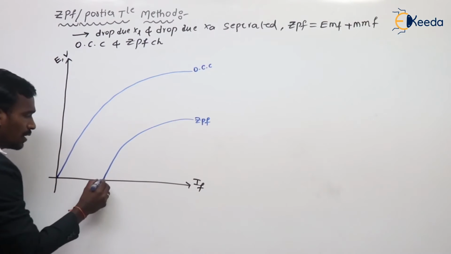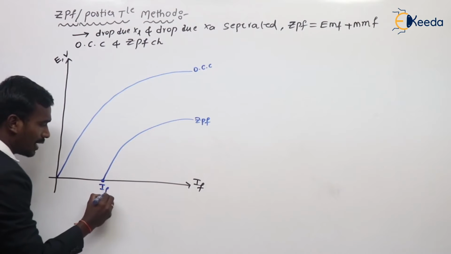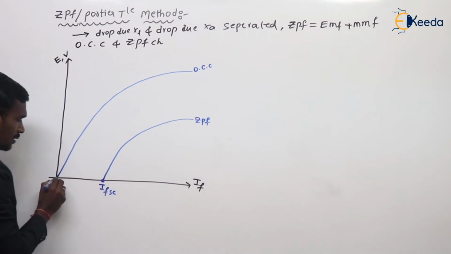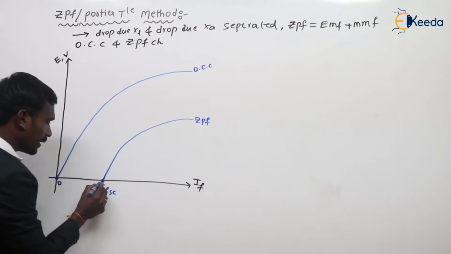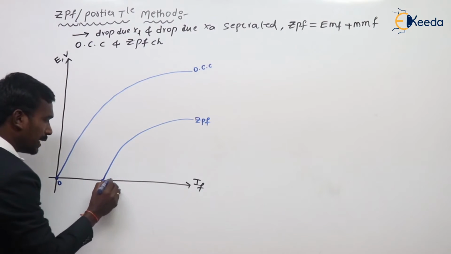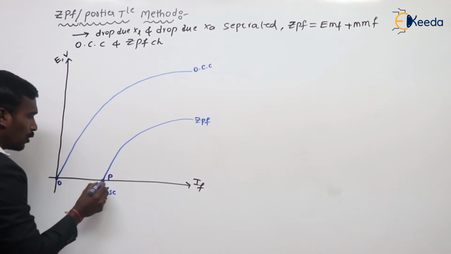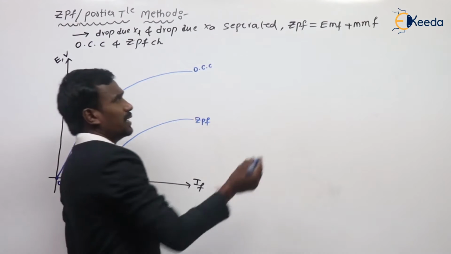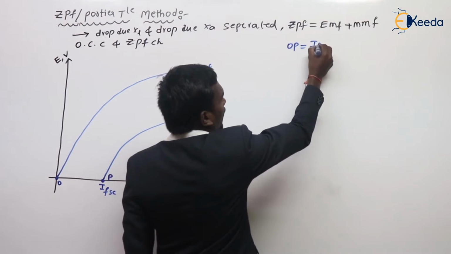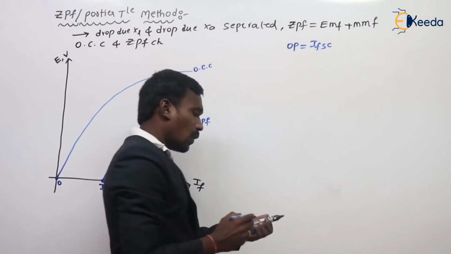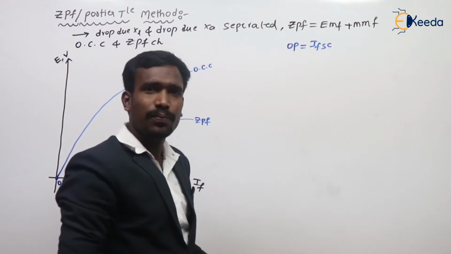OCC, ZPF, and this is called IFSC. This is, for example, O. This is, for example, P. OP is equal to IFSC. What is IFSC?